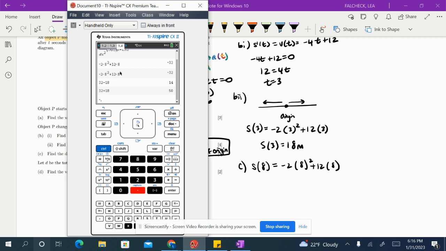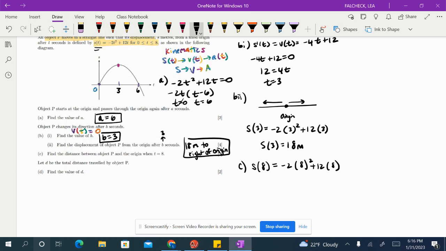I'm doing this in the calculator, even though it's probably not a calculator question. My brain is tired from today. All right, I've got negative 32.